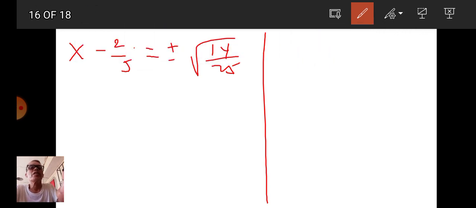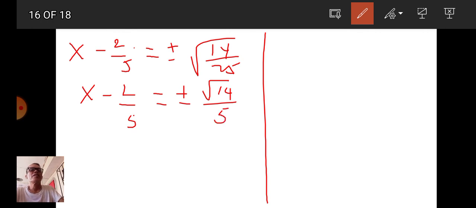So you will now have x minus 2 over 5 is equal to plus minus the square root of 14 over 5.